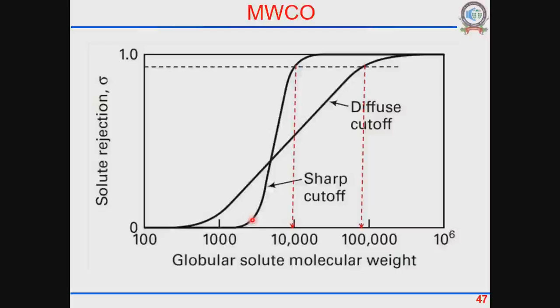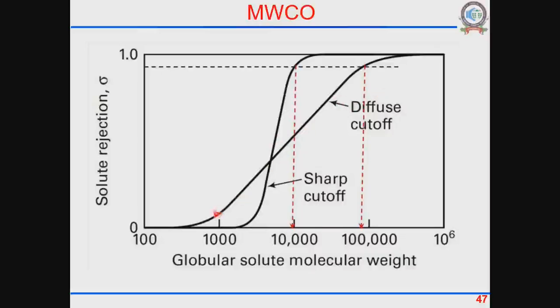So you see, if the molecular weight is between 1000 and 10,000, 1000 molecular weight will have zero rejection, whereas 10,000 molecular weight will have practically 100% rejection. But for this particular membrane, even a 1000 molecular weight has some rejection, whereas even a 100,000 molecular weight doesn't have 100% rejection. 10,000 would have a 50% rejection.